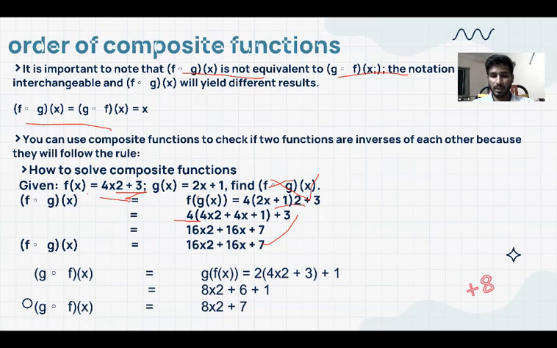Multiplying the outer function with the inner function, we get 8x square plus 6 plus 1, which becomes 8x square plus 7. By seeing these two results, we can conclude that it does not follow the commutative law because they yield different results. This is the major point we have to understand by solving these two problems.